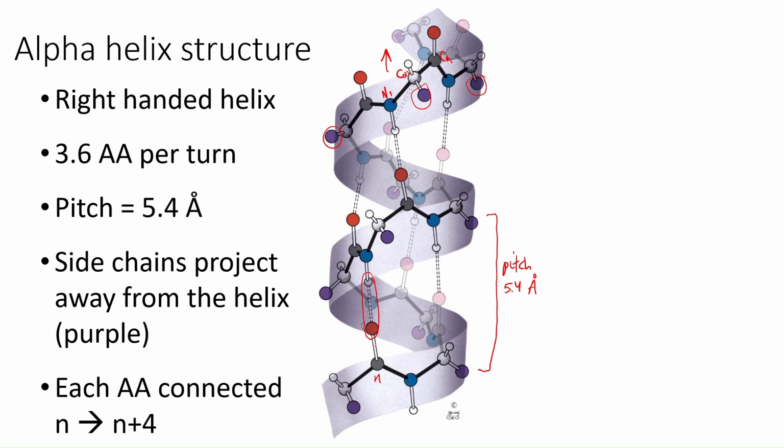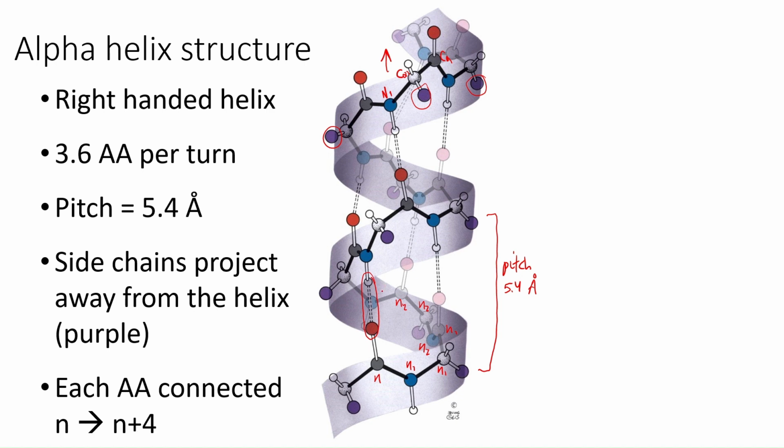We'll call that the N. This one is the N+1, nitrogen, alpha carbon, carbonyl carbon. Then we have our nitrogen number 2, alpha carbon number 2, carbonyl carbon number 2.